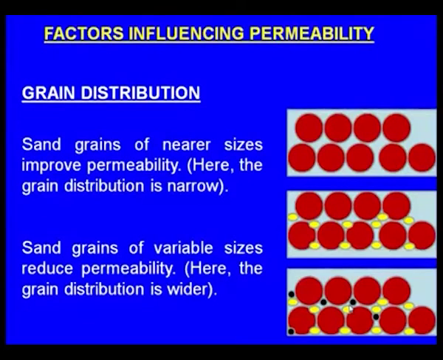Means in the third case the sand distribution is very wide, very large grains, medium sand grains, and very fine grains are there. So sand grains of variable sizes reduce the permeability.